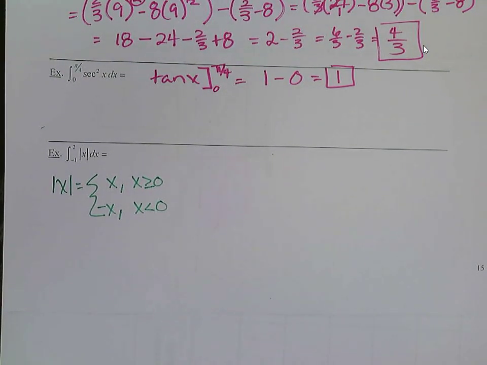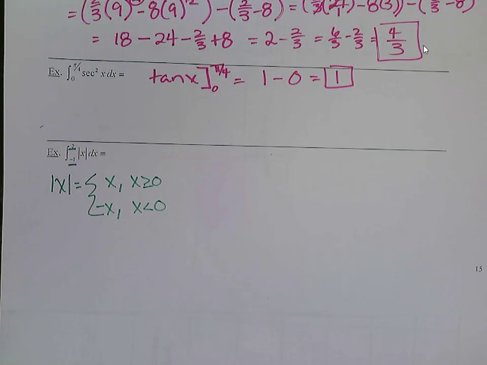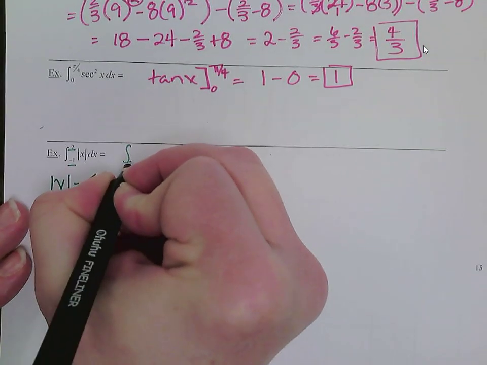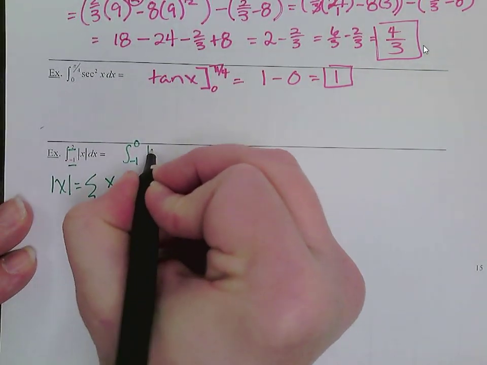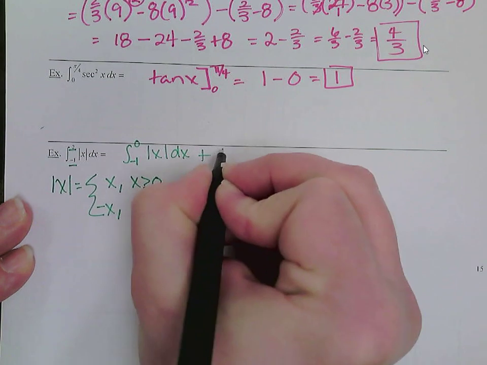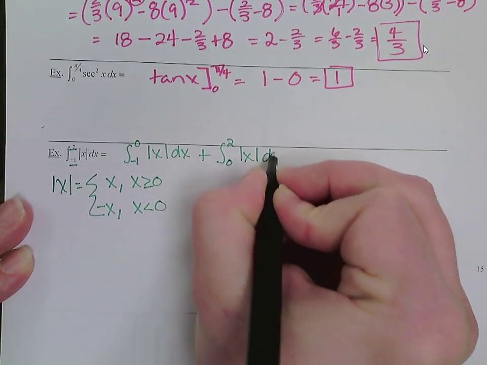Well, we learned a property of integrals that says that the integral from a to b is equal to the integral from a to c plus the integral from c to b. We can have a stopping point somewhere between our bounds of integration, and that's perfectly fine. That's equal to the integral from negative 1 to 0 of the absolute value of x dx plus the integral from 0 to 2 of the absolute value of x dx, right?